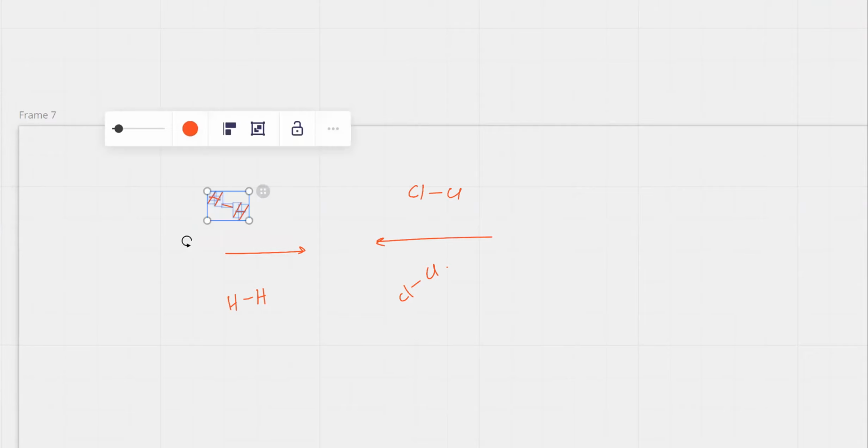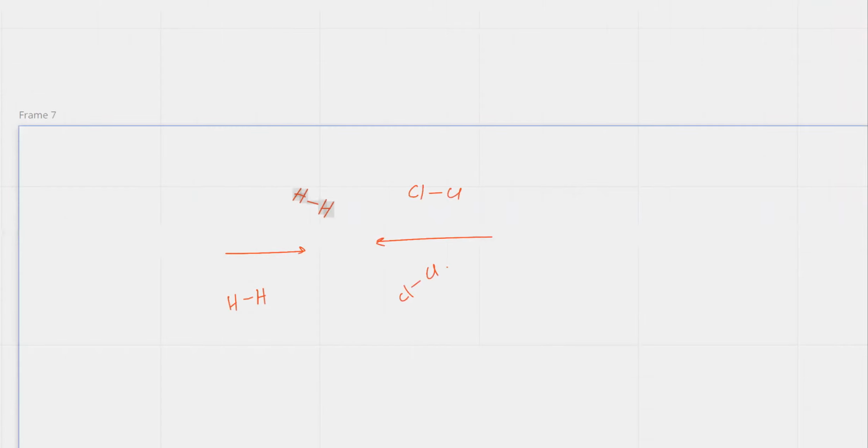So this molecule over here would be traveling, and it would hit this other molecule of Cl2. The two are going to collide. Now, when they collide, the very first thing that always happens is that old bonds are broken. That's why they need to collide.